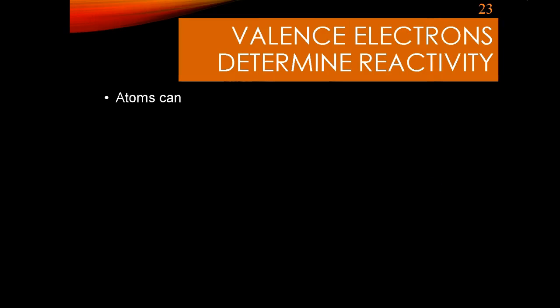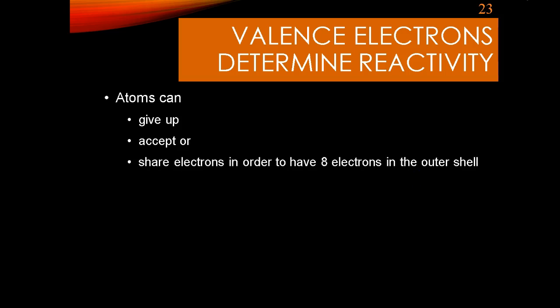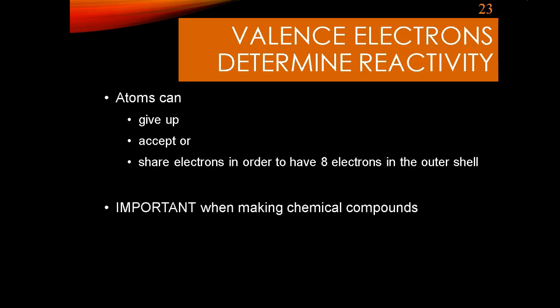So what can atoms do with their electrons? We know that atoms can give up their electrons, they can accept or take electrons, but then what else can they do? Absolutely right. They can share their electrons in order to complete their outer shells. When they have complete or full outer shells, we say that they are following the octet rule. So remember that.